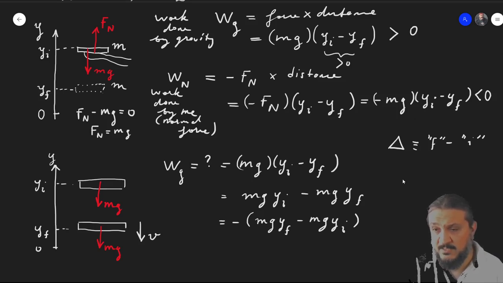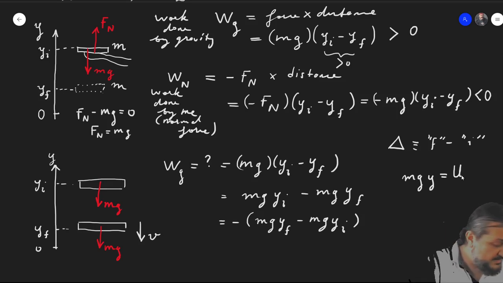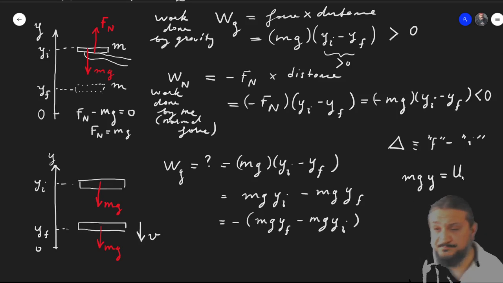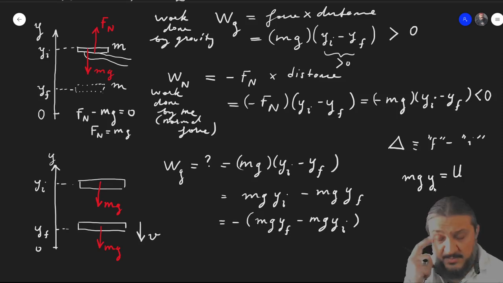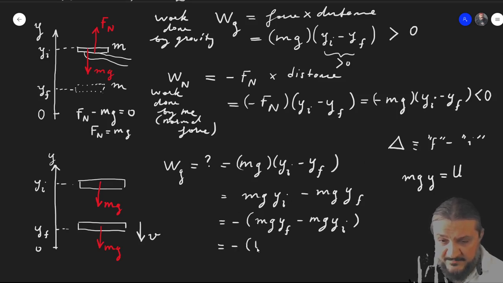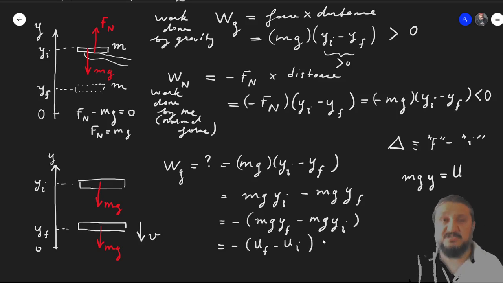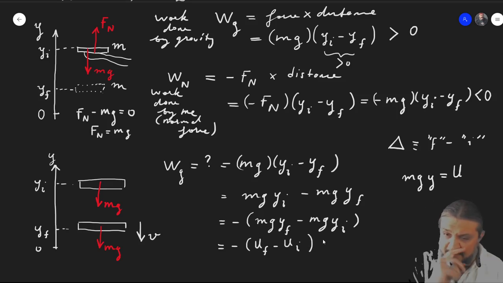Why don't we call mgy just a letter, U. U is very common. Sometimes you will see the letters PE, but U is also common. So what I have here is actually negative Uf minus Ui, because U represents m times g times y.